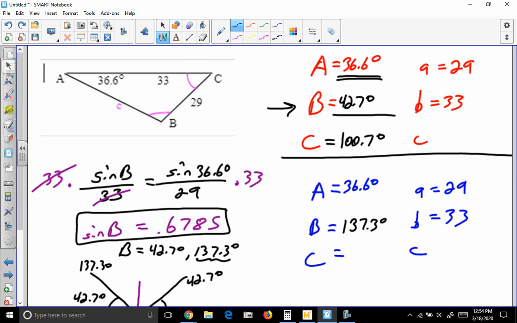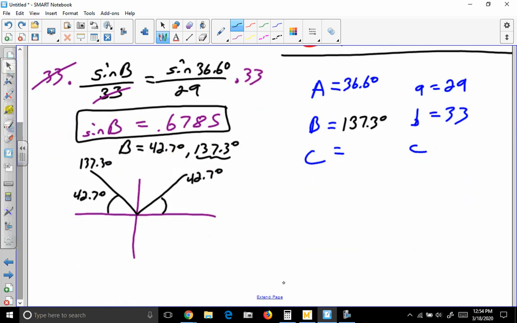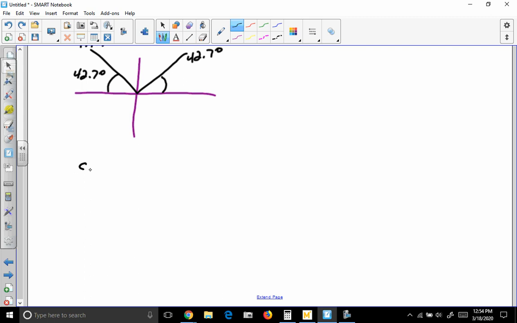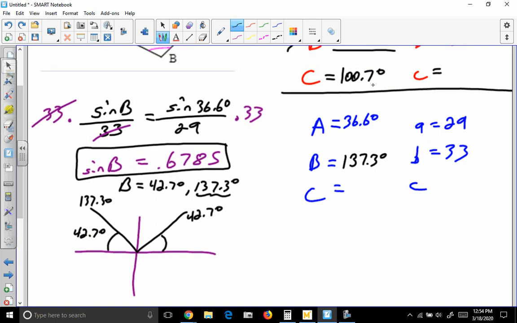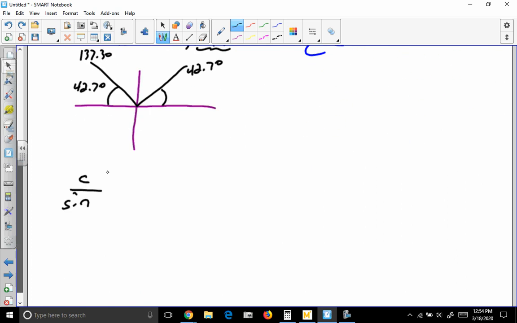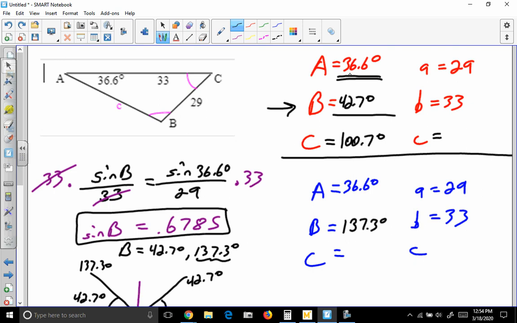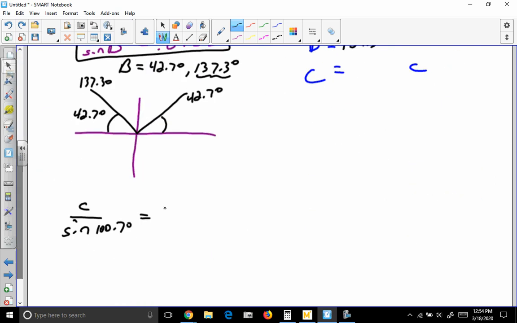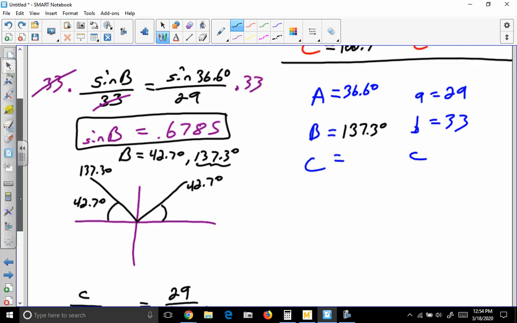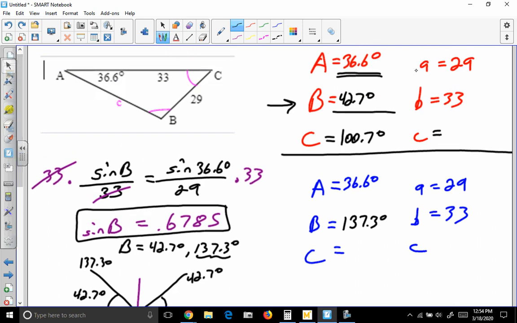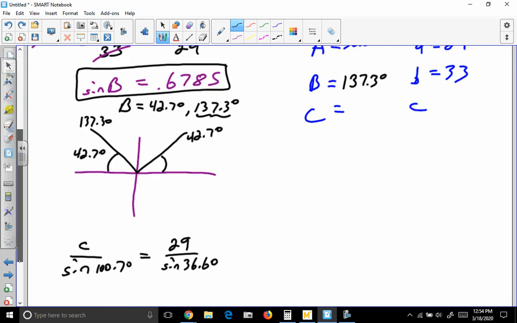So to finish and get side C, just use law of sines. So C over sine of that angle C, 100.7 degrees, equals, we were given A and a, so let's do 29 over sine of 36.6 degrees.